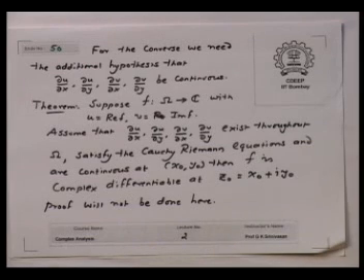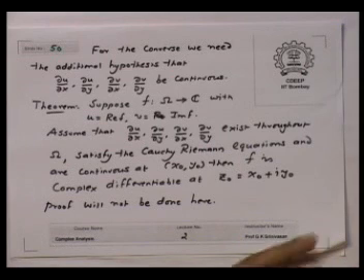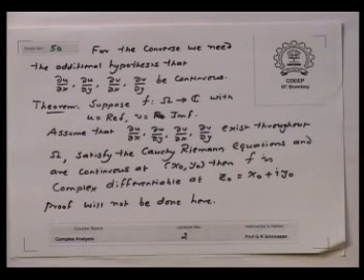Proof is simple. What you have to do is write f of z naught plus h minus f of z naught. You have to break it up into the real and imaginary parts, and as usual you have to add and subtract terms. Remember the trick when you prove the product rule: you add and subtract terms. And you have to use the mean value theorem, Lagrange's mean value theorem.